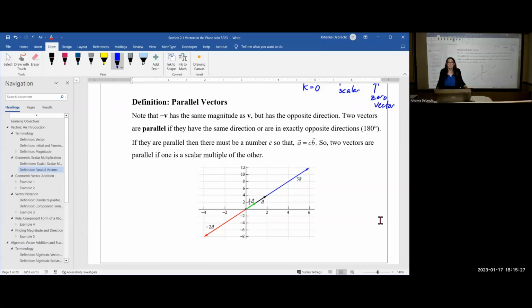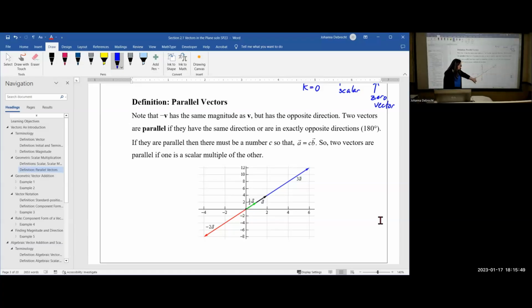The length of the arrow, the length of the vector, is the magnitude. And if I want 3A, then it goes 3 times as long as A. So that's the vector in blue, again starting back at the origin. This is what we call standard position, and we'll talk about that in just a minute.